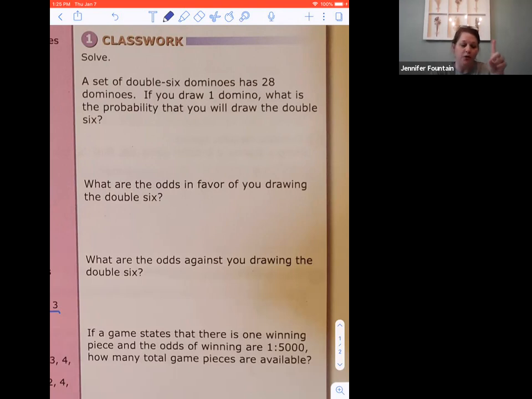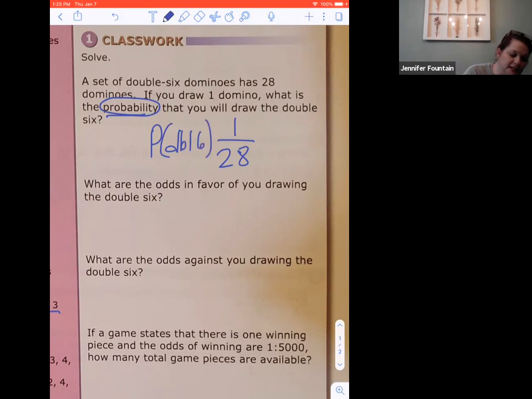It has asked me the probability of a double 6. So I know that if there's only one, but there are 28 total, then I have a 1/28 chance. So my probability of a double 6 equals 1/28.